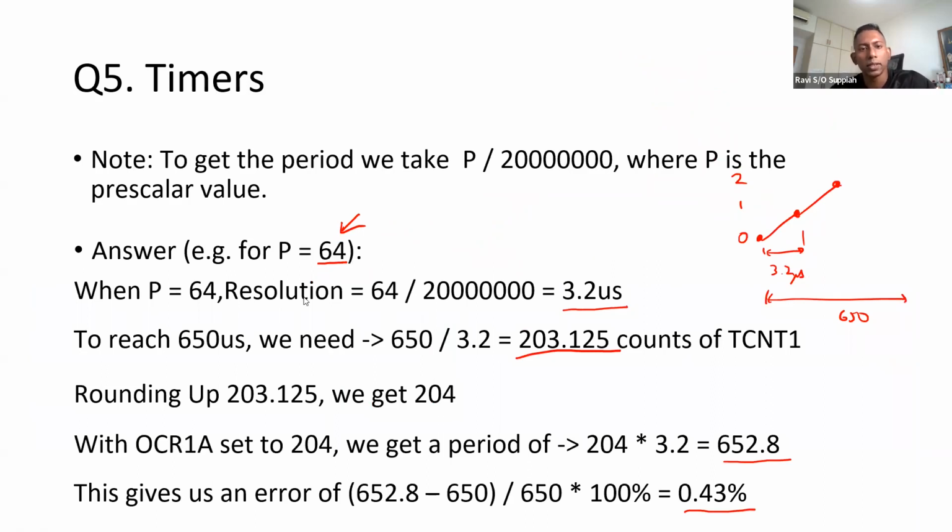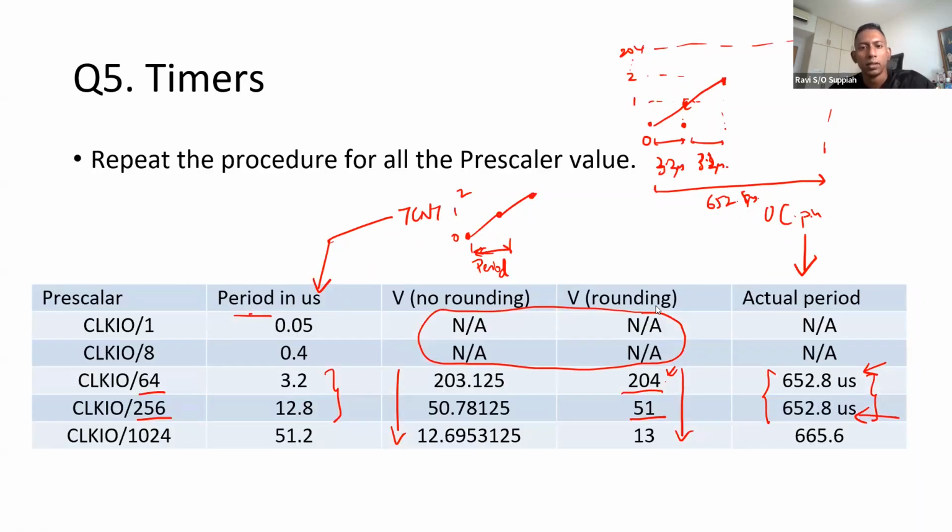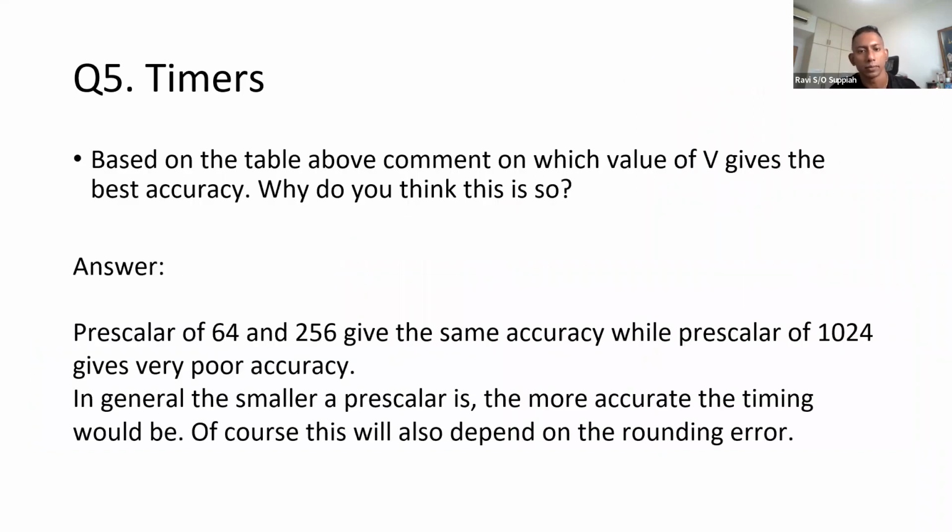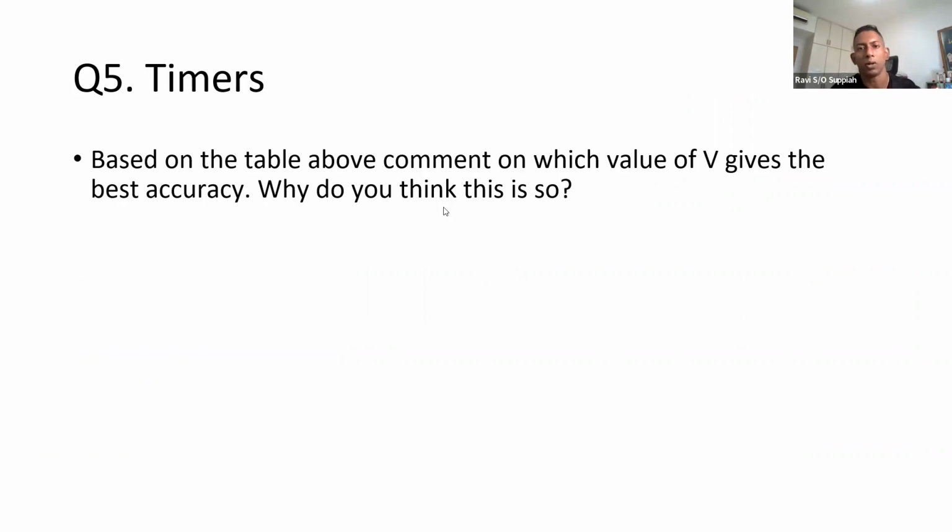The resolution here is basically the period of the TCNT register, that means the rate at which the TCNT register is being incremented. The smaller the resolution, the more accurate the timing can be. That's why we say the smaller the prescaler, the smaller the resolution, which means I can get a more accurate timing, because the gap is smaller.